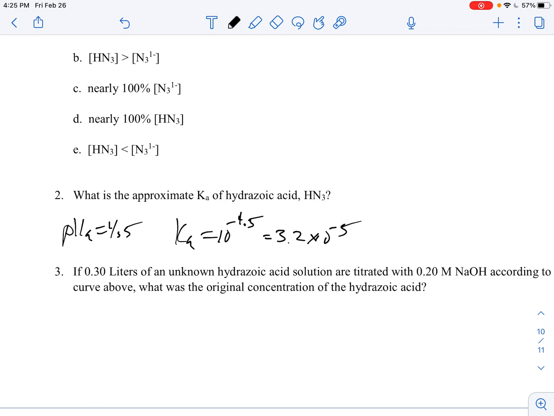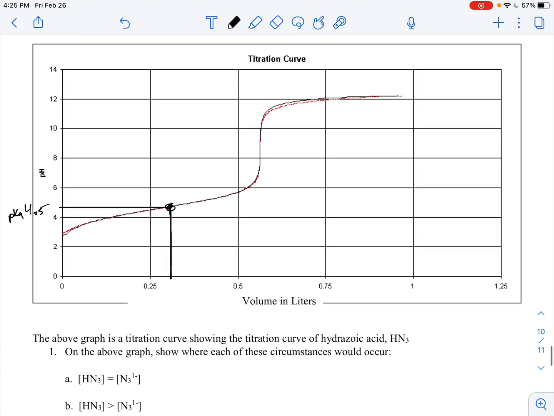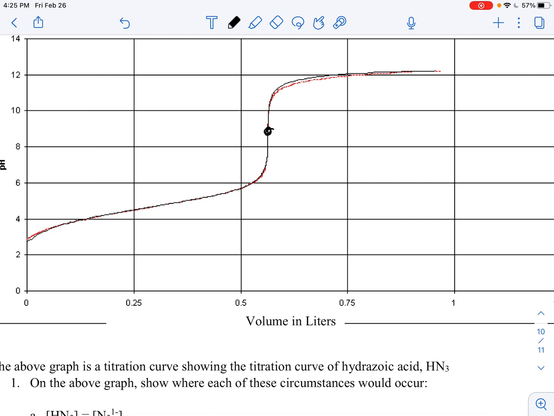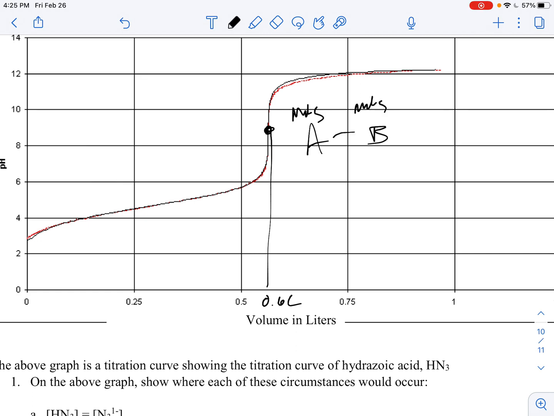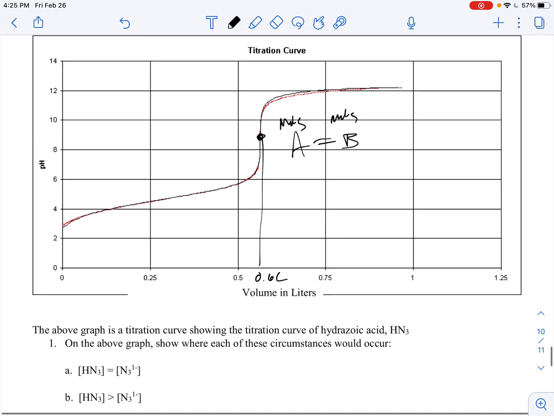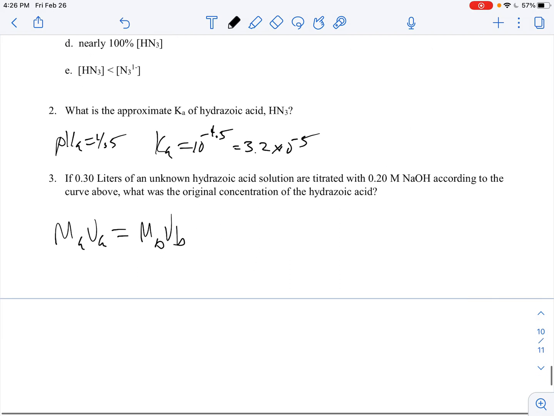And then finally, our last one is what was the original concentration of the hydrazoic acid. So this is an equivalence point kind of a problem. I know that that point there is 0.6 liters. And what do I know at that point? I know that my moles of acid and my moles of base are the same. And so what I get here is MAVA equals MBVB.